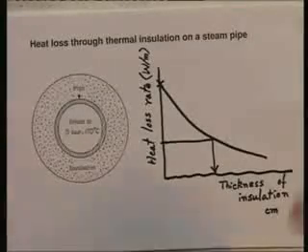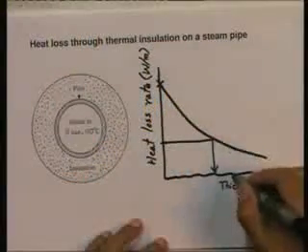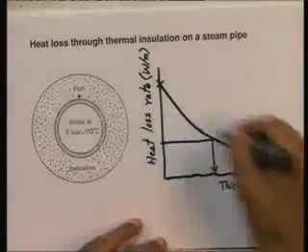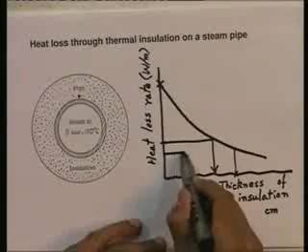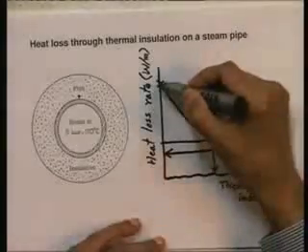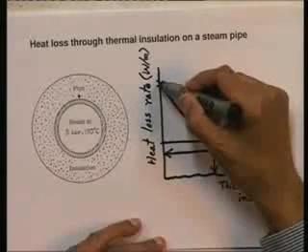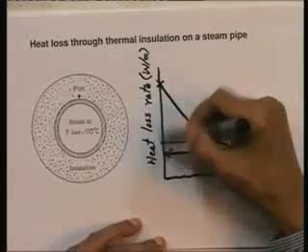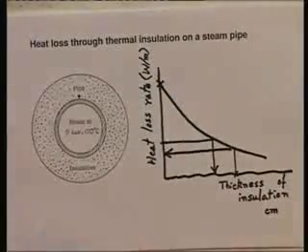Or the problem may be in reverse. He will be told we are going to put 3 centimeters of insulation or 5 centimeter thickness of insulation. What will be the heat loss rate as a consequence? In which case, given a certain thickness, he will go up like this, having got this graph, to this graph, then draw a horizontal line like this and say this is the heat loss rate, and therefore from this point, which is the heat loss rate without insulation, to the heat loss rate because of the insulation, this is the amount of reduction in the heat loss rate.